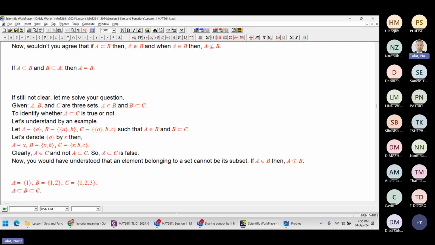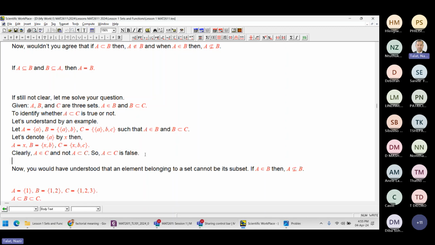These things hold. But in the above example, you can see that A belongs to B because it is an element of B. And one can see that B is a proper subset of C because the elements of B are also the elements of C. Here in this case, this is true.